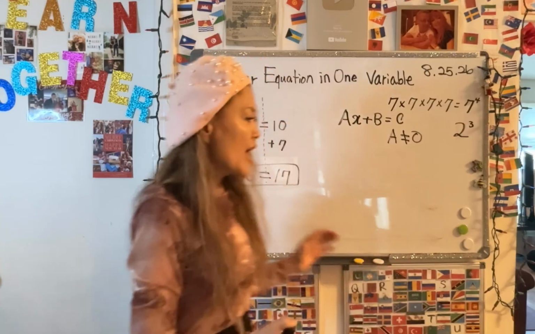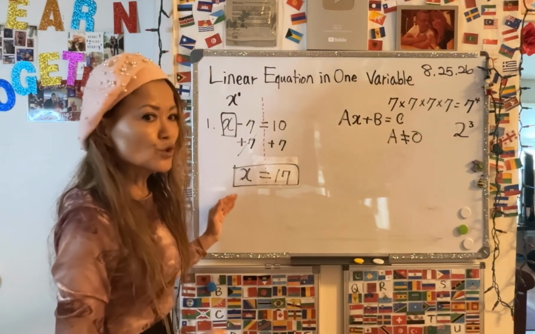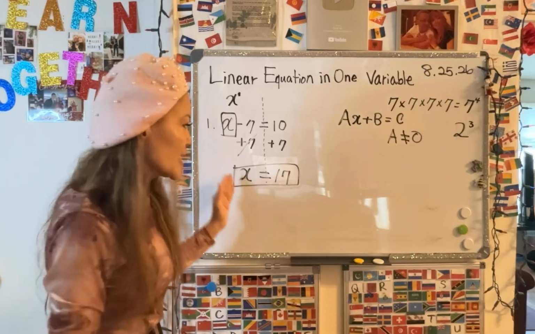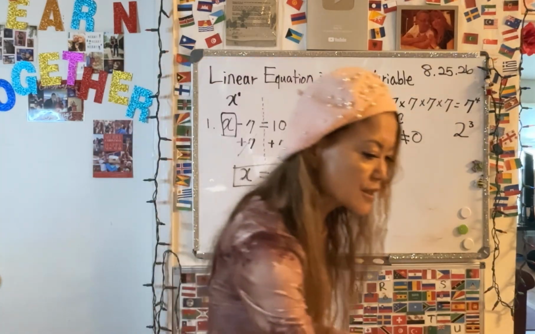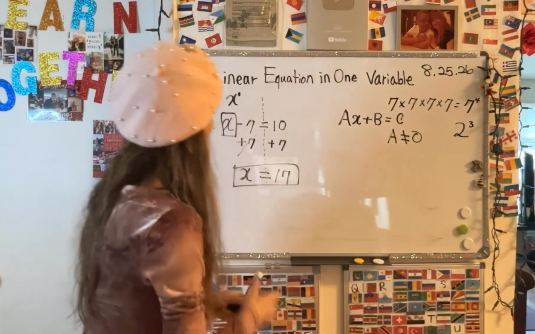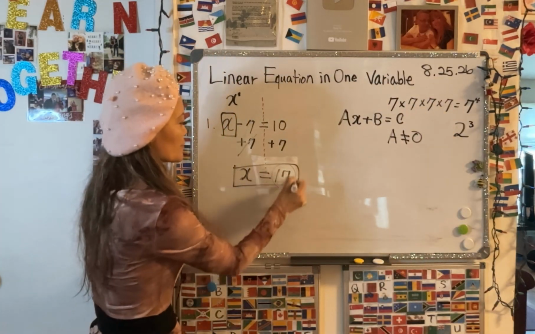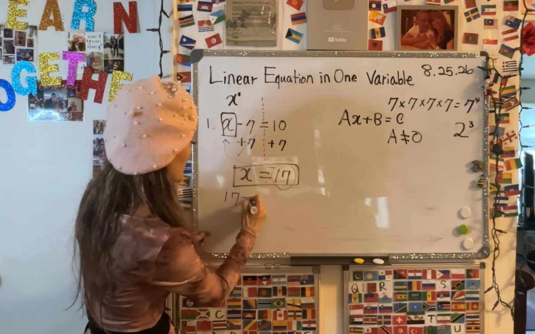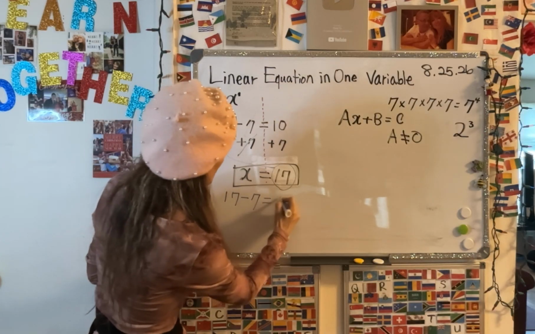Okay. So after that, if this answer is correct, I want you guys to check. What do you check? Instead of x, you just plug in right there. Plug in 17 to the x. Okay, so what is 17 minus 7 equal 10?